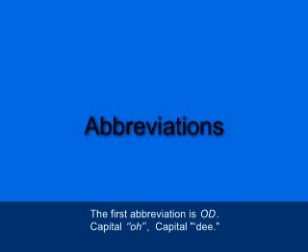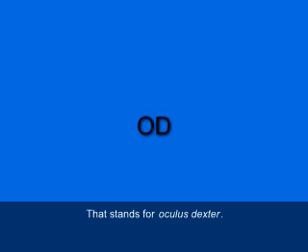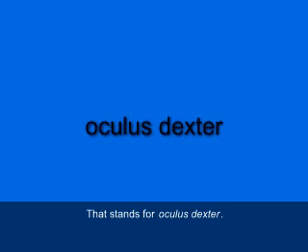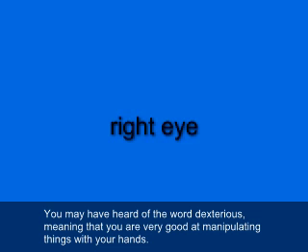The first abbreviation is OD, capital O, capital D. And that stands for Oculus Dexter, OCULUS DEXTER. And what does this mean? Well, it means right eye. You may have heard of the word dexterous, meaning you are very good at manipulating things with your hands.